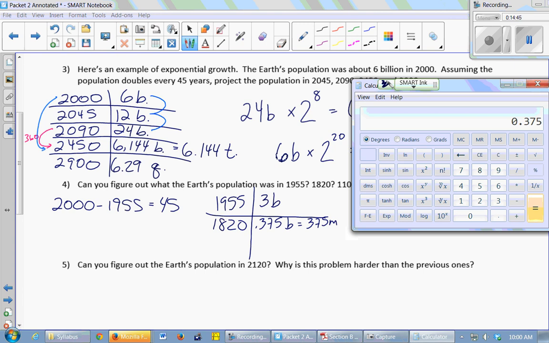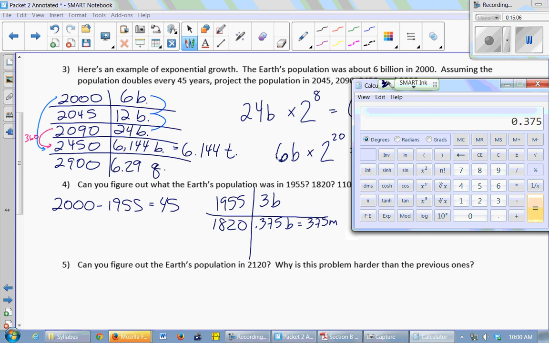Yeah, question. This is an exponential growth equation for population. I know in biology in high school we learned the actual equation.